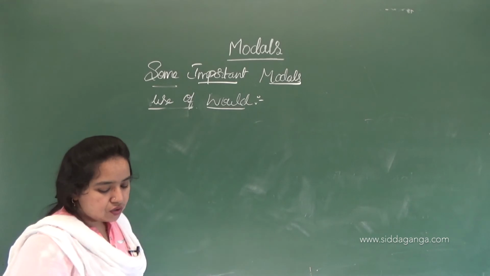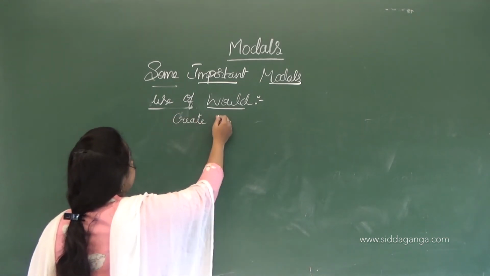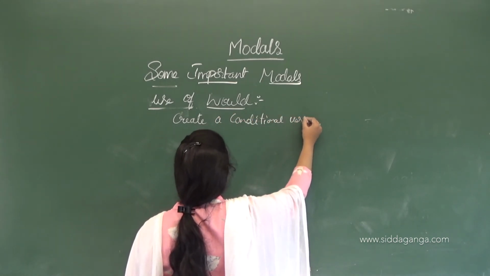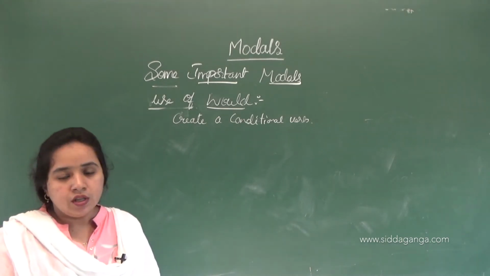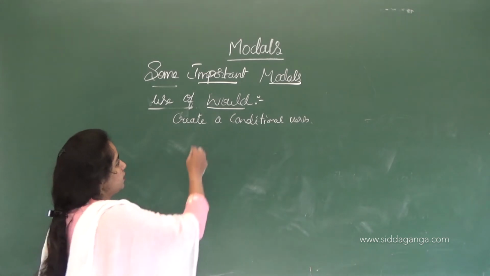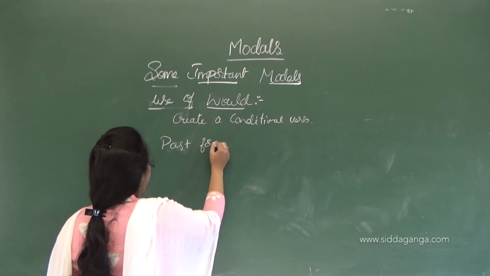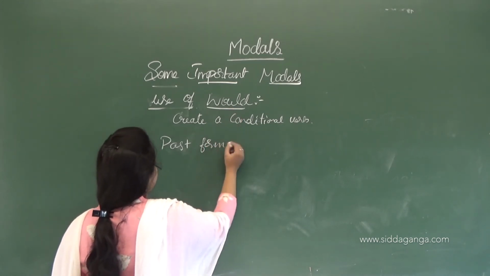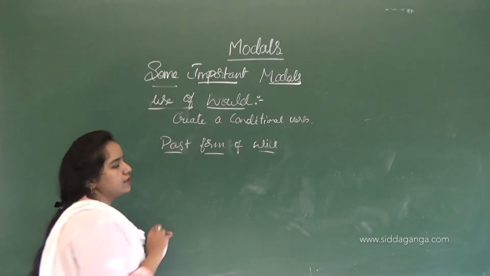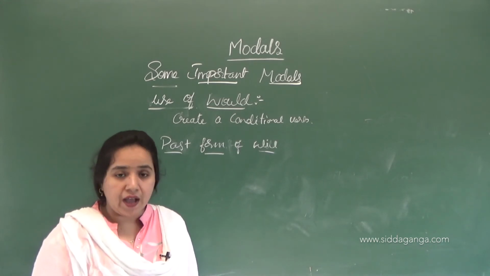Okay, so here usually this modal creates a conditional verb, and also it serves as the past form of the modal will. So the past form of will is would.